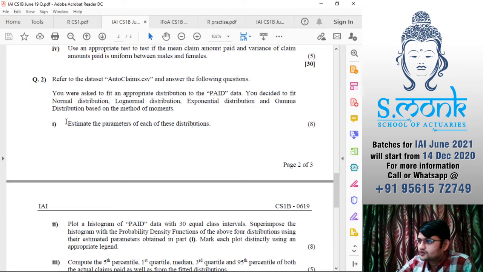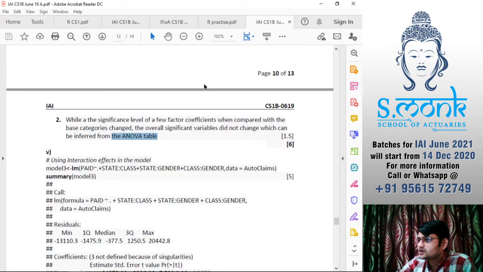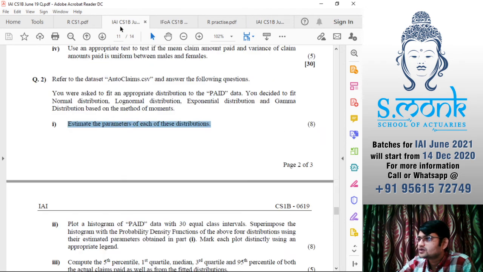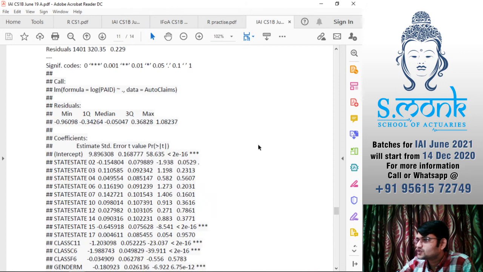So whenever you are estimating, you are directly taking into account your method of moment estimate. This was question 2.